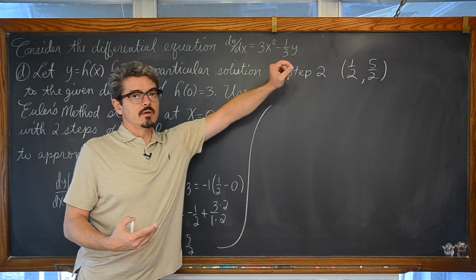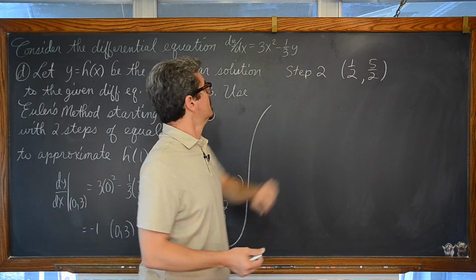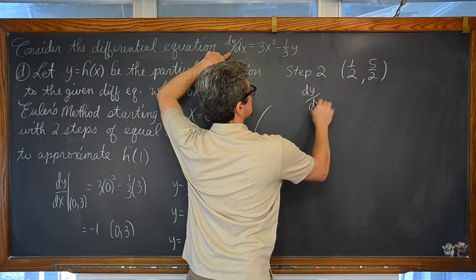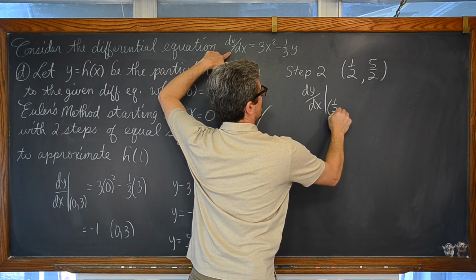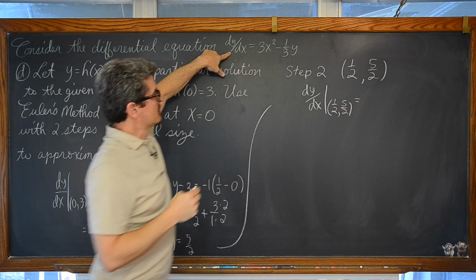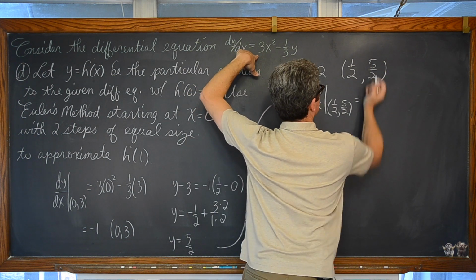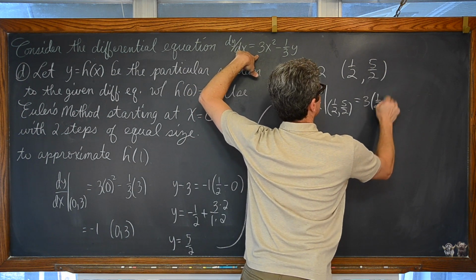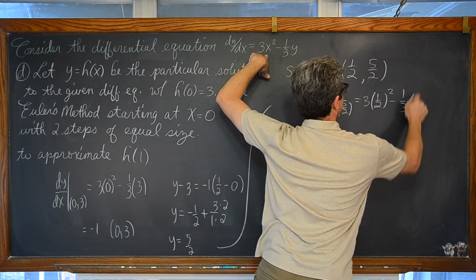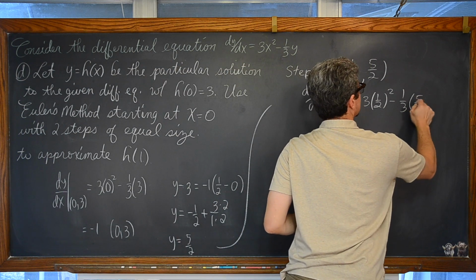So now we need to know what the slope of the tangent line is at this approximated point. So dy/dx at (1/2, 5/2) is equal to 3 times 1/2 squared minus 1/3 times 5/2.